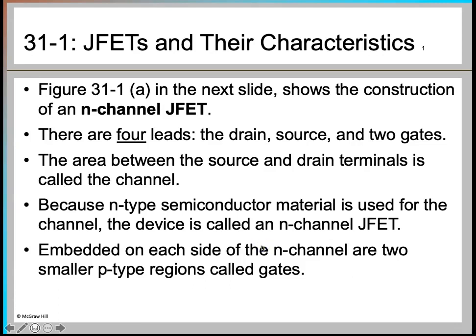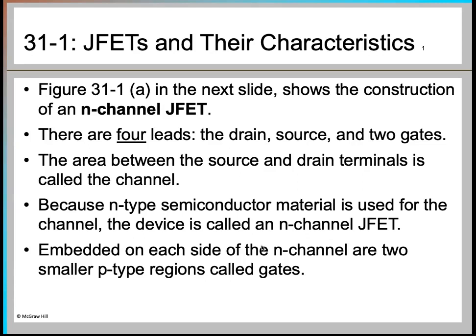So JFET is basically formed from FETs, which are field effect transistors, and field effect transistors are unipolar devices that depend on only one type of charge carrier. Either they can be electrons or holes. And these field effect transistors are basically of two types.